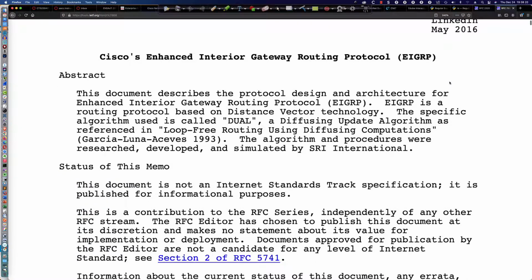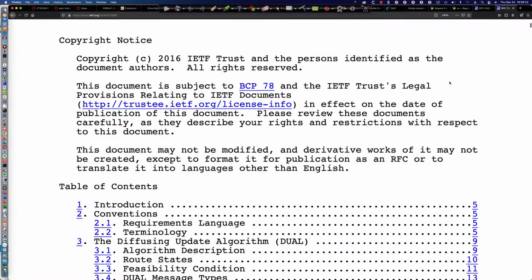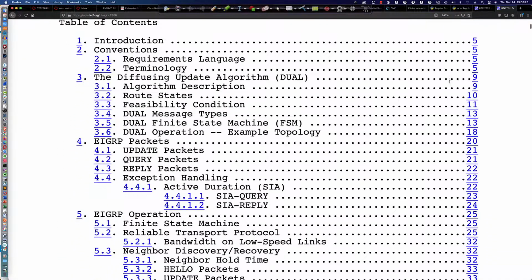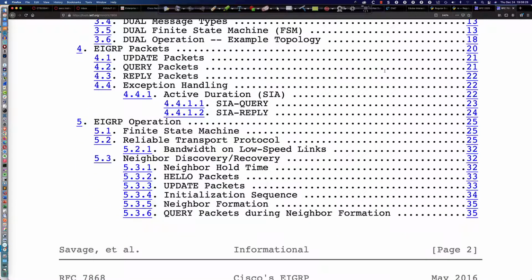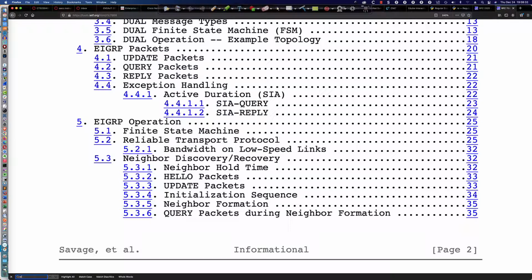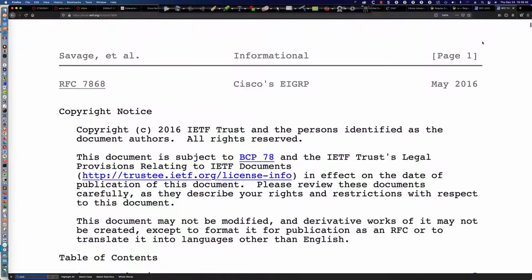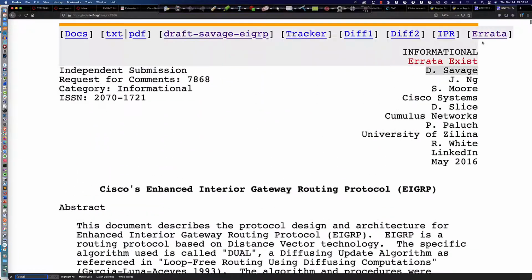So this is the description of how you would go about creating your own implementation of EIGRP. But let me search here for stub. Gee, that's funny. EIGRP has a stub feature, but as I search this entire document, all however many pages long this is, there's no stub feature that comes up.